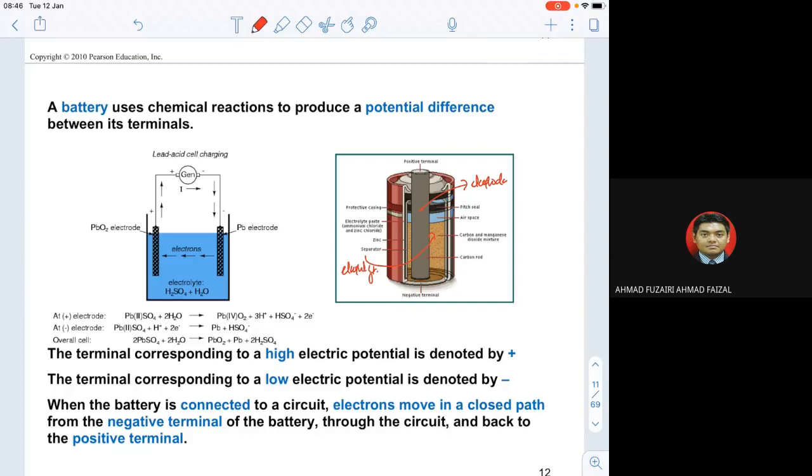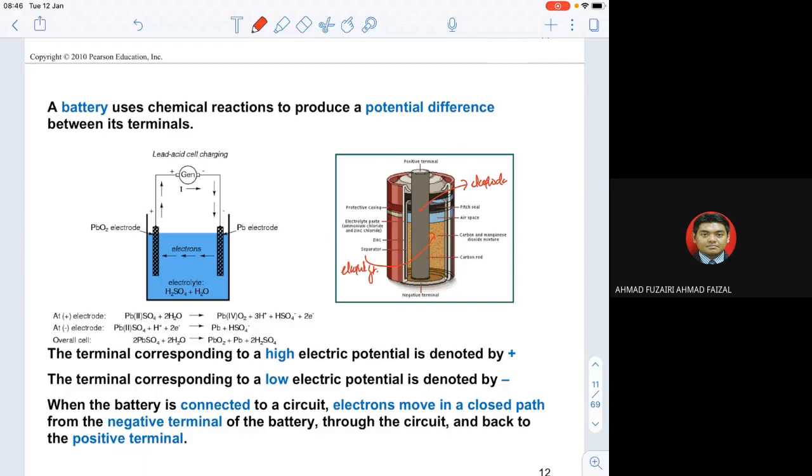When the battery is connected to a circuit, electrons move in a closed path from the negative terminal of the battery through the circuit and back to the positive terminal. So remember, electrons move in a closed path from the negative terminal to the positive terminal. That is electron flow, but the current comes from positive to negative.